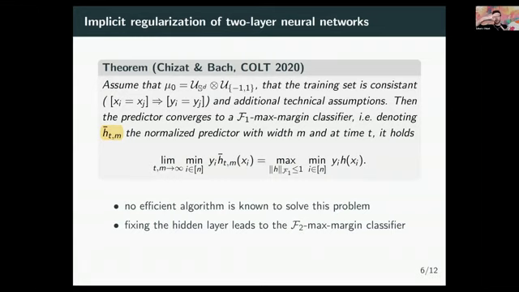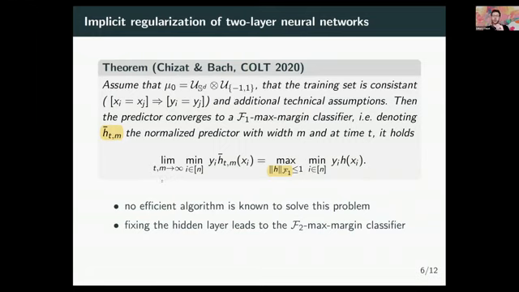But if I renormalize it so that it has a constant norm, when I take the width m to plus infinity and the training time t to plus infinity, then the margin will converge to the max margin on the F1 ball, sorry, F1 unit ball. All right. So here the limits in t and m can be interchanged. It does not really matter in which order we take the limits.